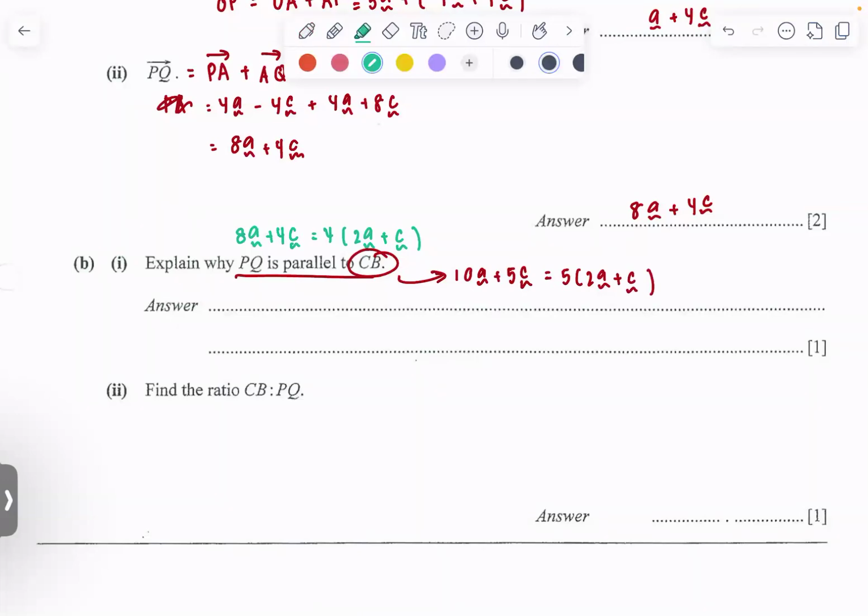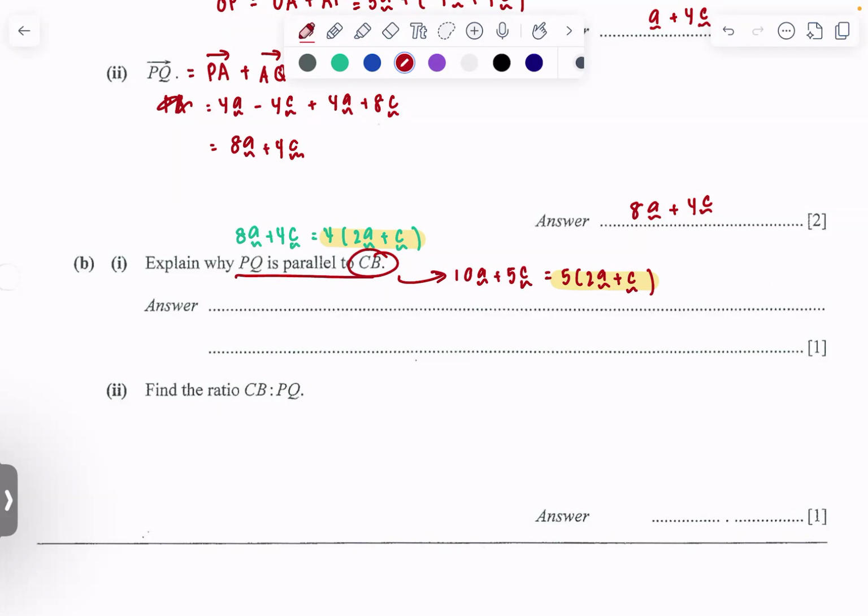We realize that they are scalar multiples of each other. Yes, scalar multiple.